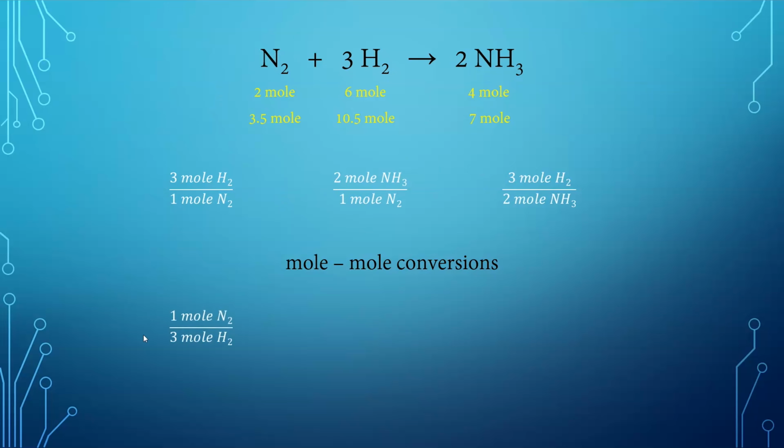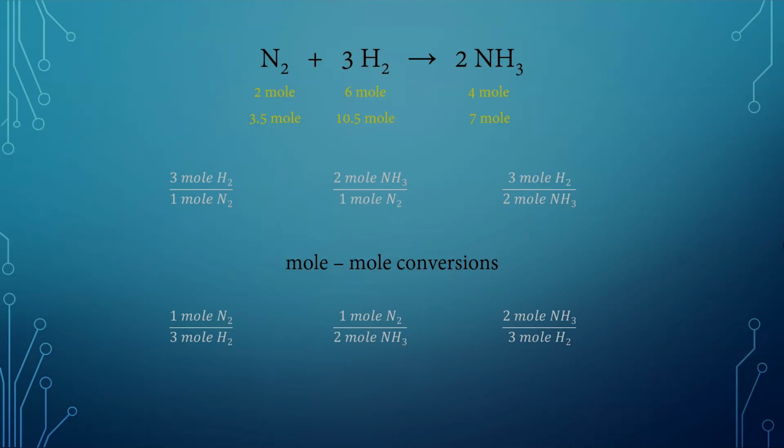Like any other conversion, of course, these can also be flipped upside down, depending on which way you're going. If you're trying to go from nitrogen to hydrogen, you would want to use it this way. If you're going from hydrogen to nitrogen, you'd want to simply flip it upside down. And the same is true with both of the other mole-to-mole conversions for this particular equation.